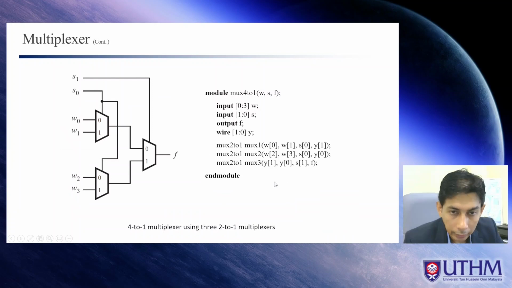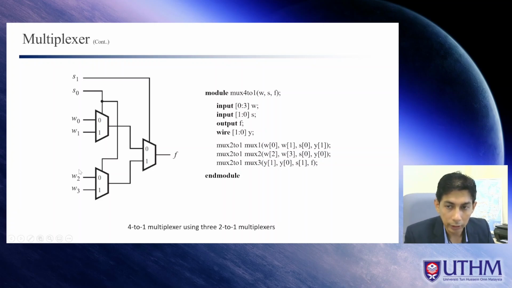And this is another example of designing a 4-to-1 multiplexer, but in this case we use the previous design, which is the 2-to-1 multiplexer, to design a 4-to-1 multiplexer. And remember, this is called hierarchical design methodology, where we reuse the previous design to create a larger design.